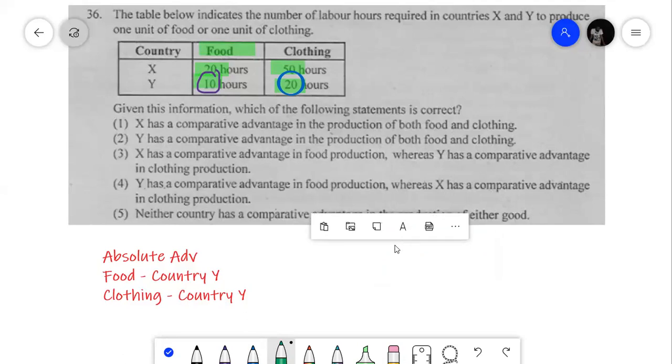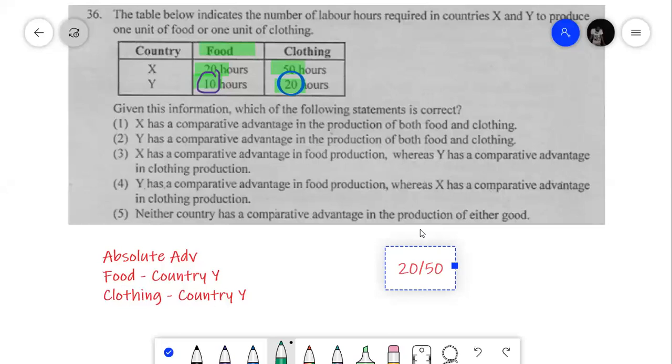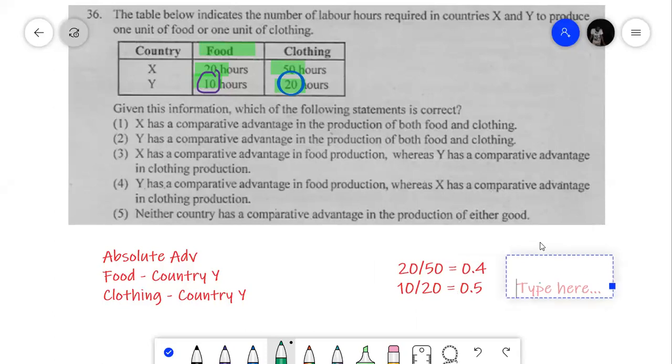That's how you get the opportunity cost. So you get 0.4, right? If you look at country Y for producing food, what is their opportunity cost? It's 10 divided by 20, right? 0.5.